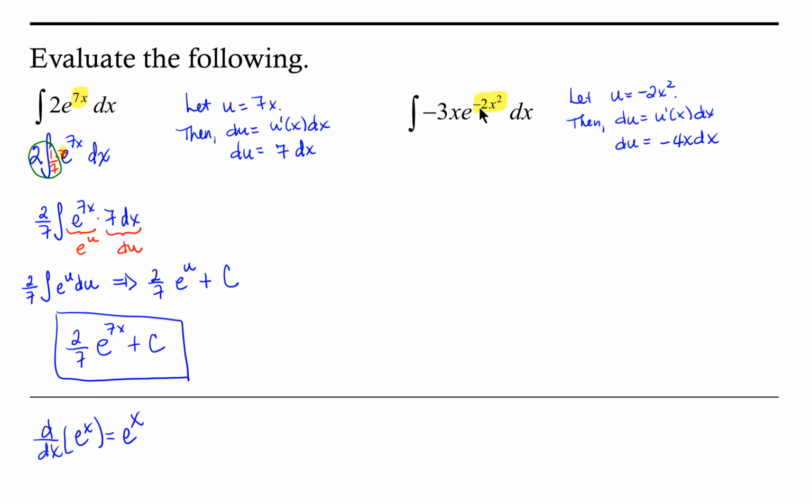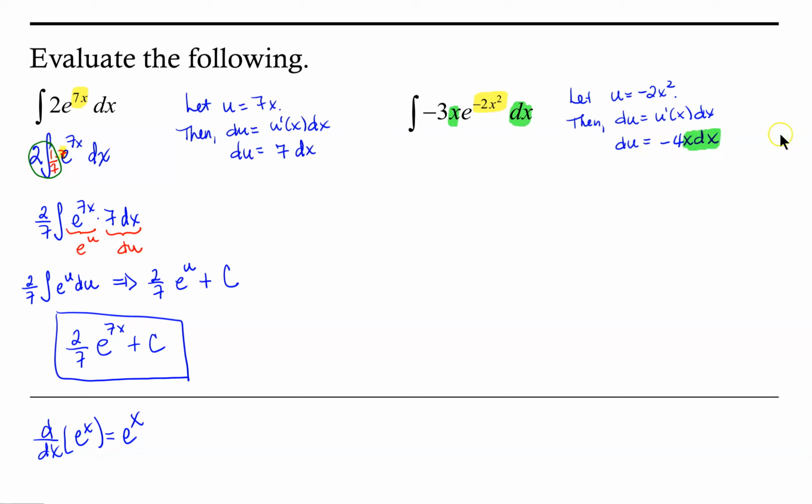So now I take a look at what my integral looks like. I've got this negative 3, and that's not really going to help me with this negative 4x dx. So that's just a constant. We'll go ahead and bring it in front of the integral. I've got an x and a dx. So x dx, that looks promising.